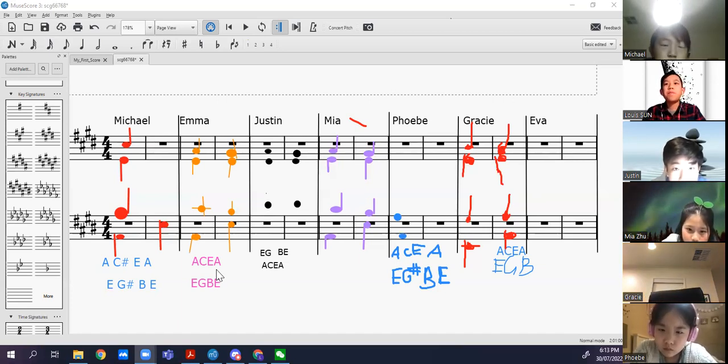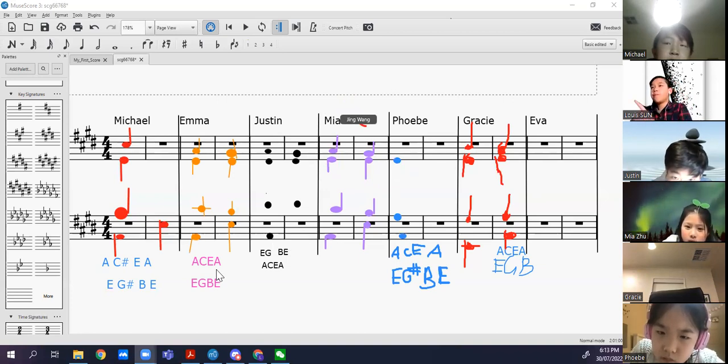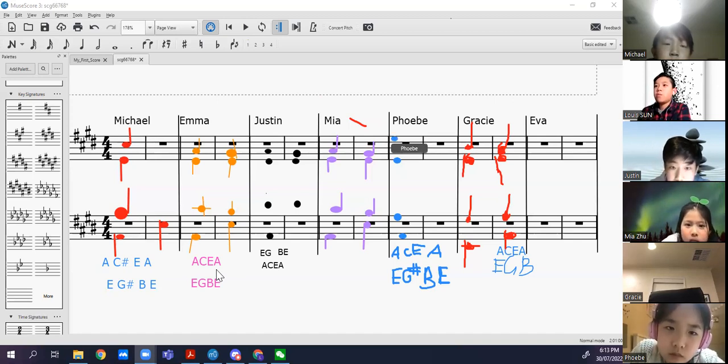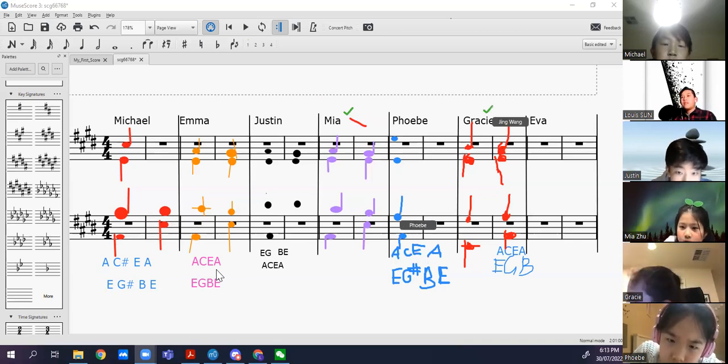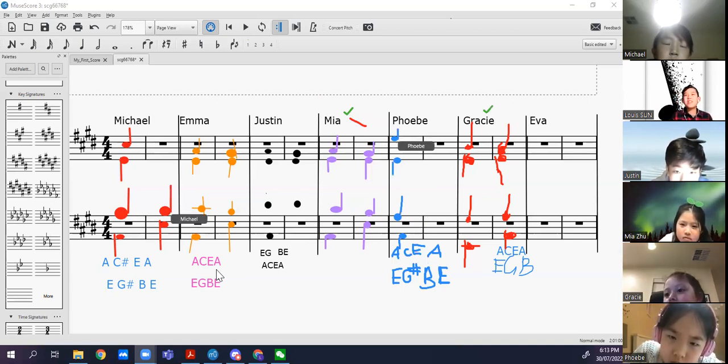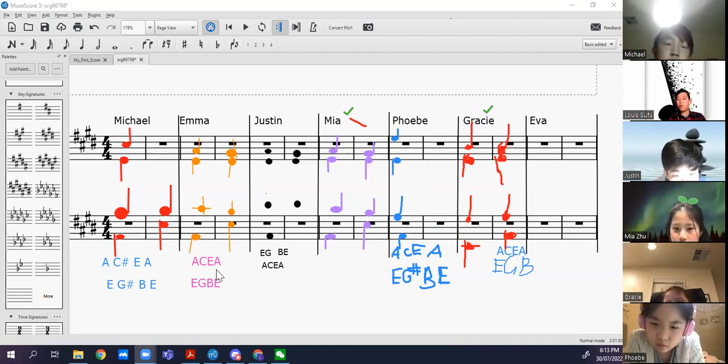Obviously everyone's finding plagal cadences a lot easier than perfect cadences. Emma, you're right, Mia, you're right. Gracie, oh, the chords are the wrong way around. But other than that, you're right. Gracie, the chord is 4 to 1, or 1 to 4. That's where you got it wrong.